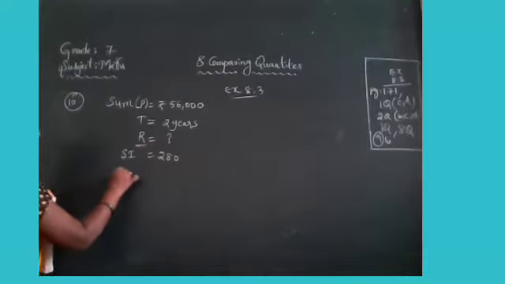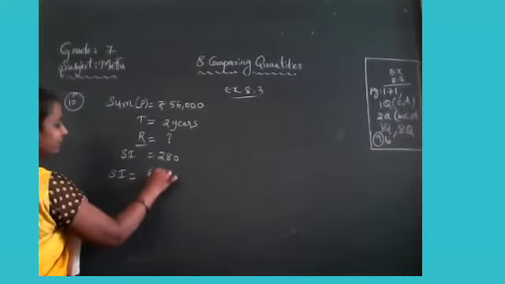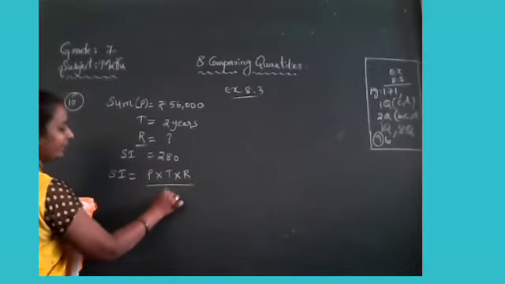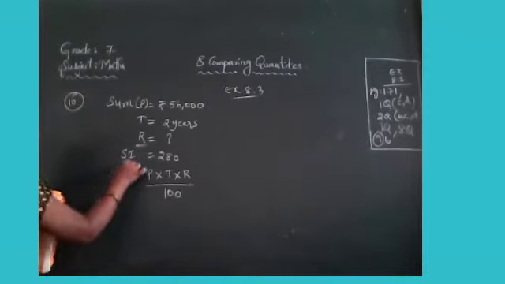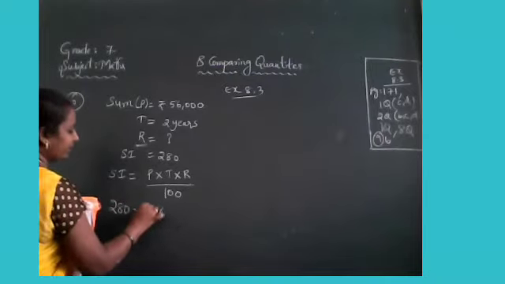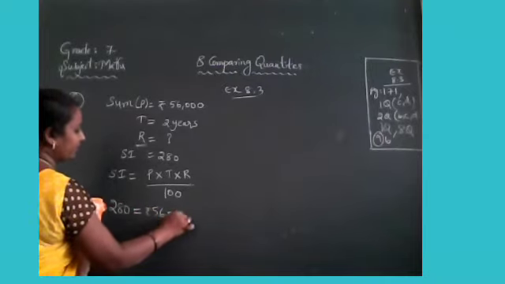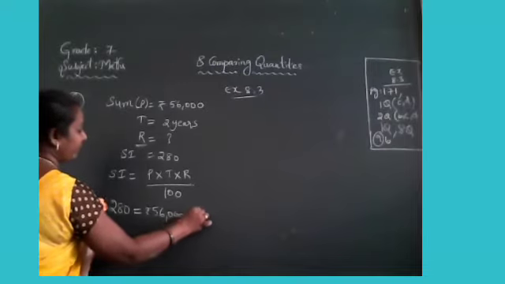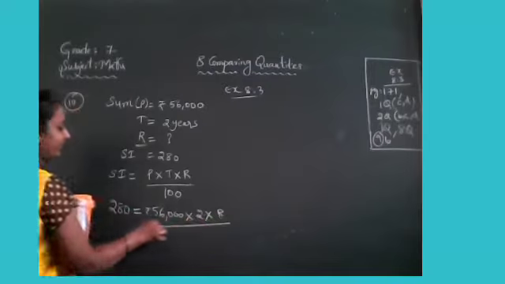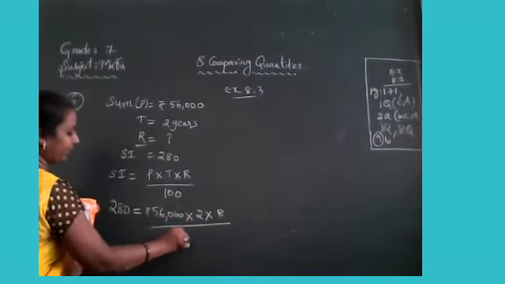We know the simple interest formula, that is P into T into R by 100. Simple interest is 280 and the principal amount is 56,000 rupees, into time is 2 years, and rate we don't know, so write R only, and 100.